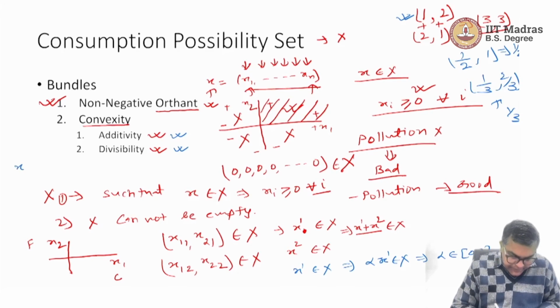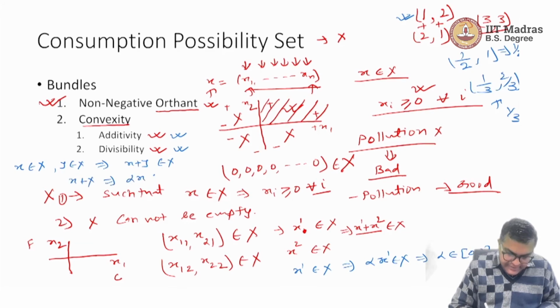Additivity says that if x, y are in X, then x plus y is in X. And divisibility is if x is in X, then alpha x is also in the capital X, where alpha is between 0 and 1.